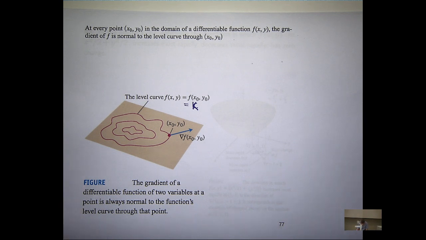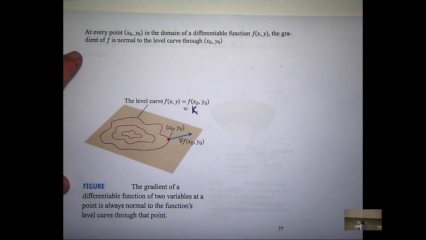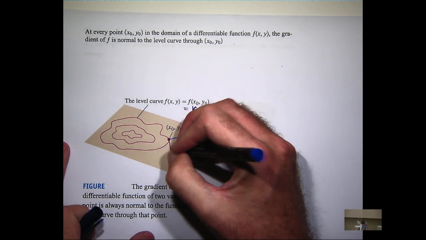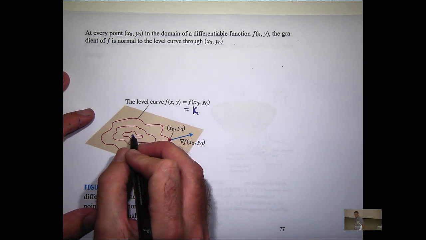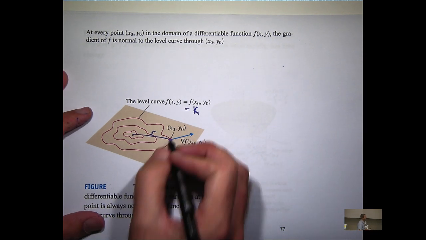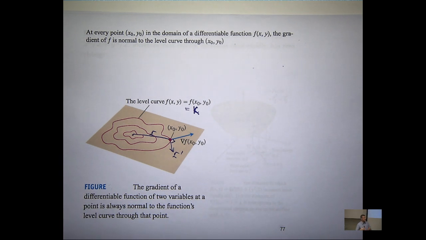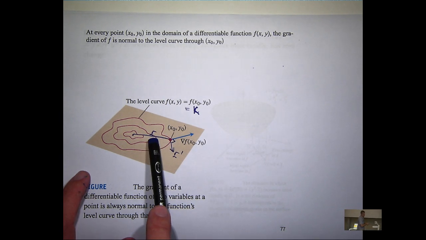I'll come back to this a bit later, but let me just summarise, if I've got time. The gradient vector of a function f is actually normal to the level curves of f. Think of this as a curve. We can parameterize it using some sort of vector function.